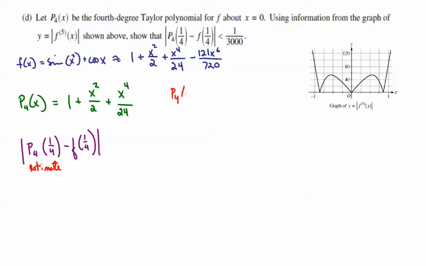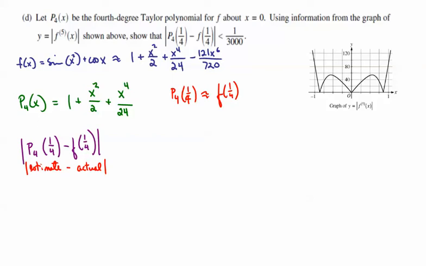P sub 4 of 1/4 is our estimate for f of 1/4. And obviously f of 1/4 would be the actual. The difference between these is the error or the remainder. We don't really care whether it's positive or negative. We care about the magnitude of that error.